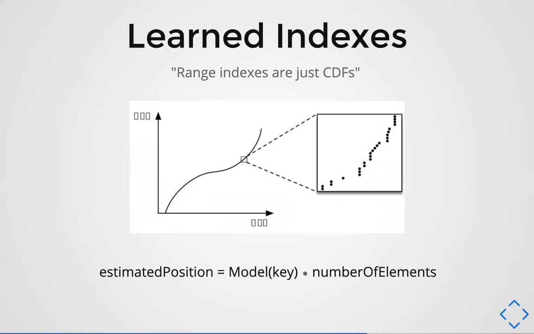So if you think of estimating the position as taking the result from your model based on the key, and you just multiply it by the number of elements that are in the database table overall, you'll get the estimated position. And so now with this insight, we can start applying any regression model that we'd like to the problem of indexing.